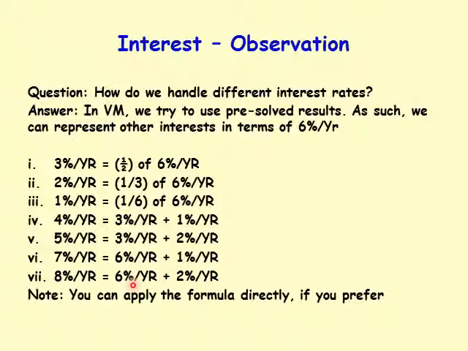But if you prefer, you can apply the formula directly. If this seemed a little too cumbersome, you can apply the formula directly. These are just ways to use the pre-solved results. We know 6% per year for 60 days is 1 cent for every dollar. Okay, let's continue.